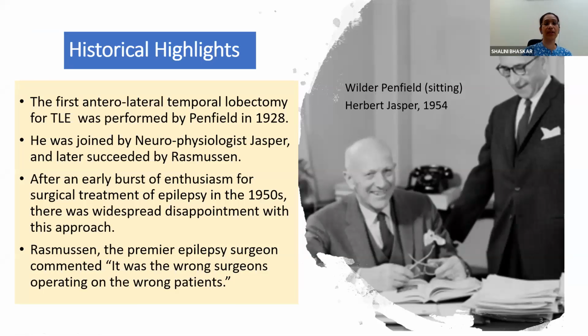The first anterolateral temporal lobectomy for TLE was performed by Penfield in 1928. He was joined by neurophysiologist Jasper and later succeeded by Rasmussen. After an early burst of enthusiasm for surgical treatment of epilepsy in the 1950s, there was widespread disappointment with this approach. Rasmussen, the premier epilepsy surgeon, commented, "It was the wrong surgeons operating on the wrong patient."